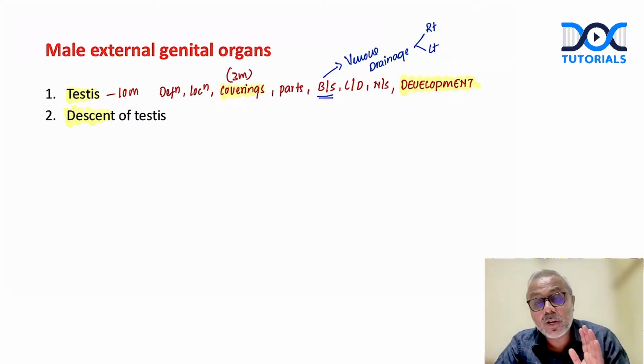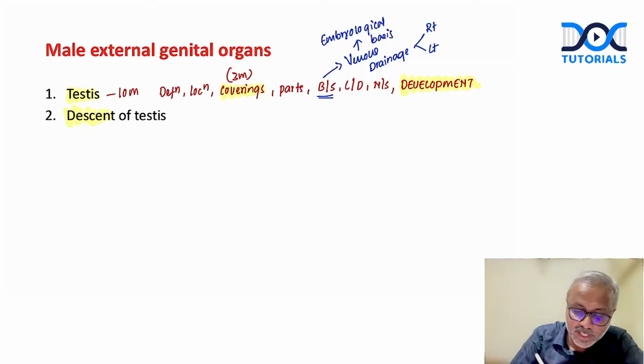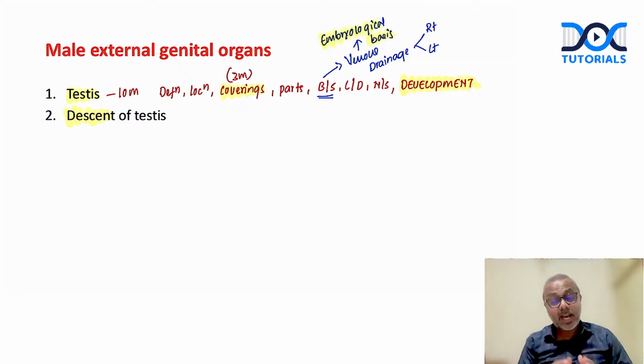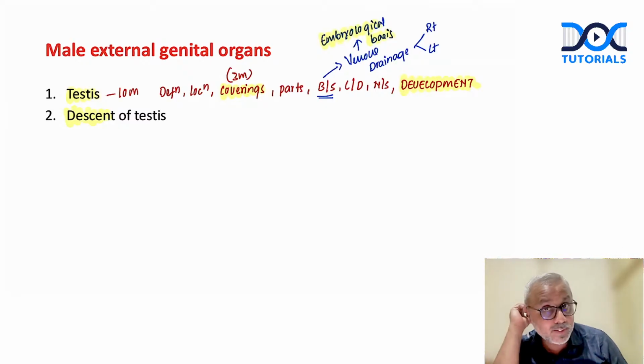What is the embryological basis? So mark this out. They will ask you what the embryological basis is behind the venous drainage of the testis. That is, why the testicular vein on the right side? Not just the testicular vein, even the ovarian veins. Why do the gonadal veins on the right side drain into the inferior vena cava?